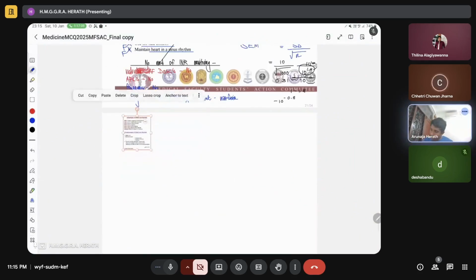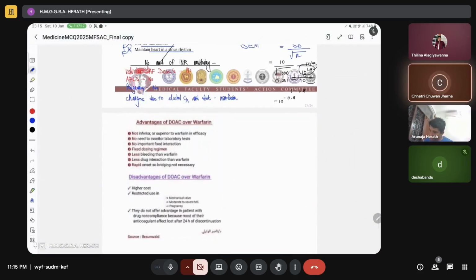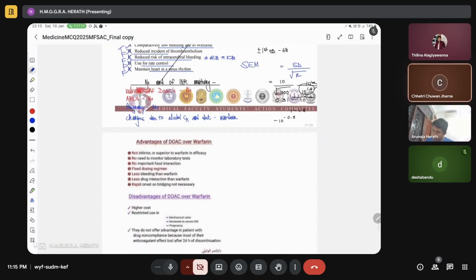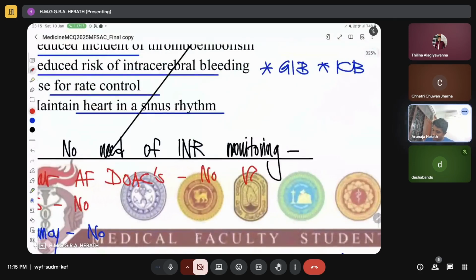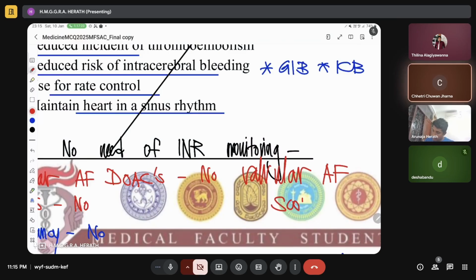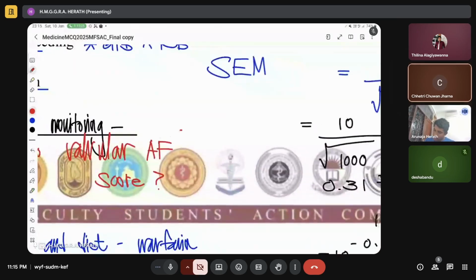What about the valvular one? For valvular one, what is the score that you use? No, no score is there.